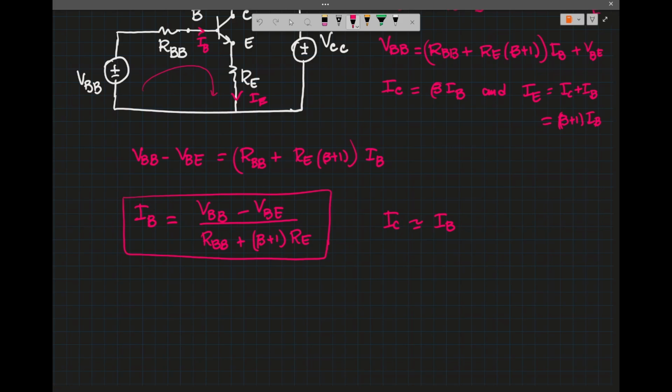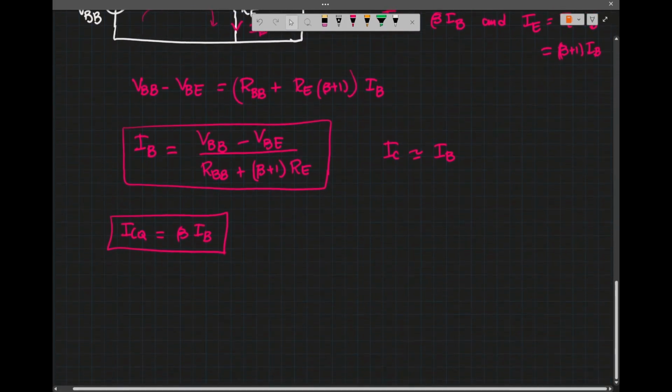Now, so we know ICQ will be beta times IB. That's calculated from the equation from what I boxed above there.